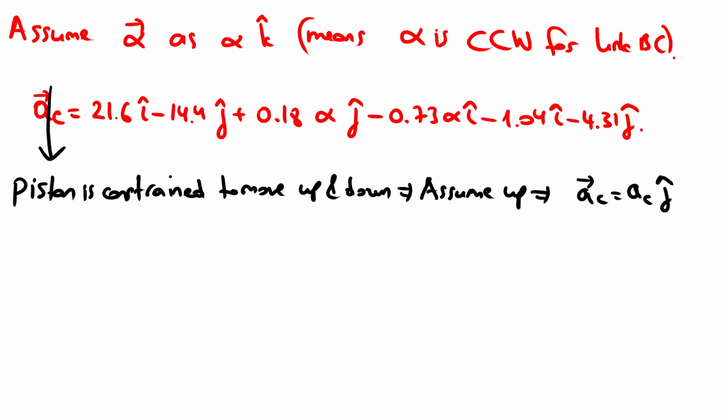If it is wrong, then the final result will be the negative of this one, and we will get the negative of this value, so we will correct it.